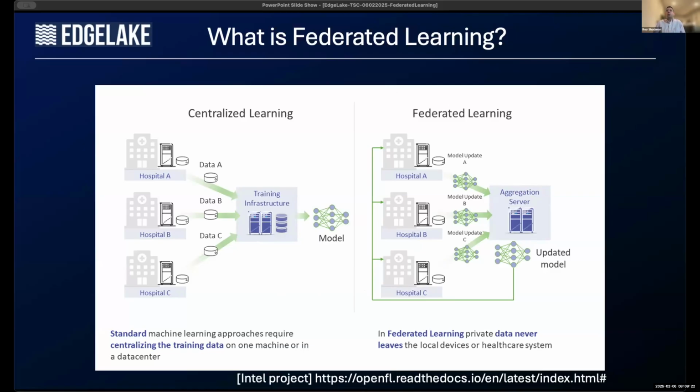Once these models are created, only the model moves to an aggregation server that is shared amongst all the entities. Once this centralized aggregation server receives all the models, it fuses these models into one model and then provides the model back to each entity. So what I'm showing here is that only the models move; the data remains physically in place at each entity.